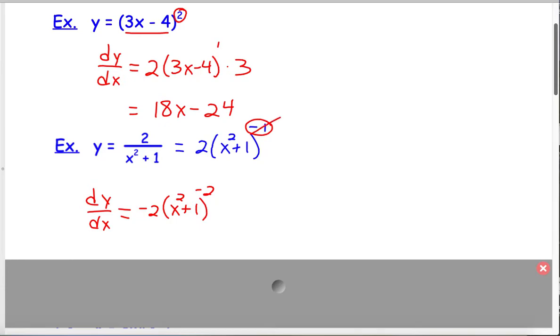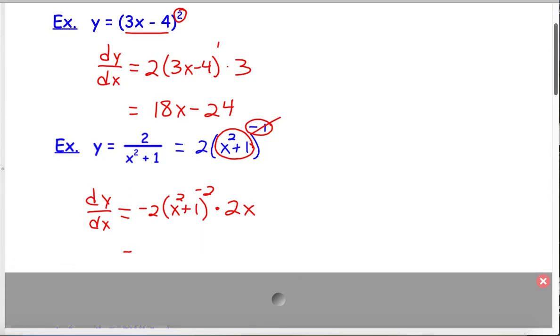Okay, so I've taken care of that negative first power. Times, now I have to take the derivative of the inside function, and that's just going to be 2x. So my final answer is negative, and actually I'm going to write it as a fraction. You don't have to, but it would be negative 4x over (x squared plus 1) quantity squared. If you want to leave it as a negative exponent, that's fine.